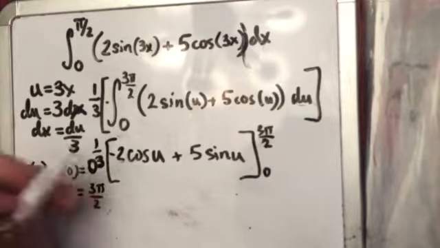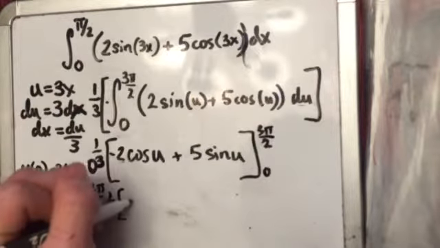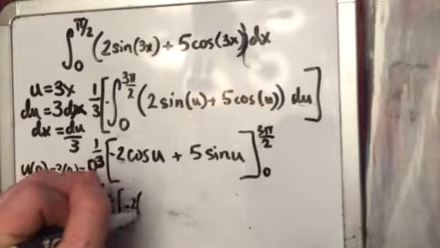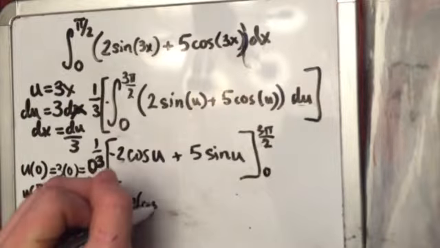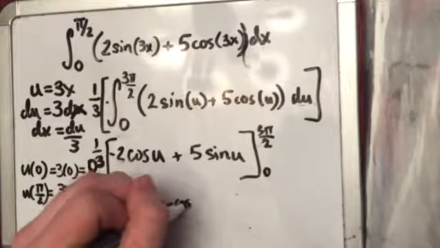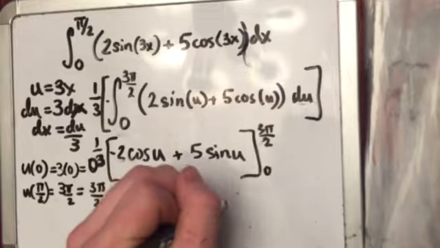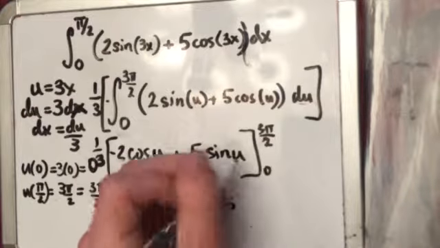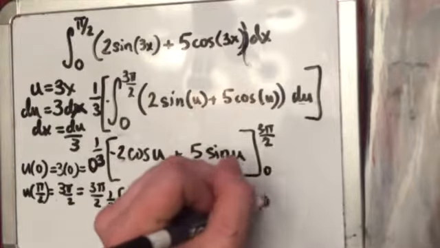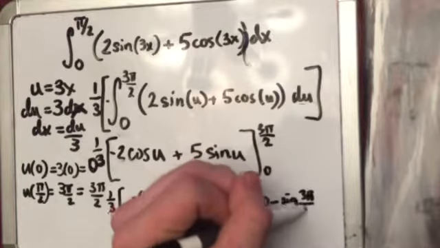We're going to rewrite this as 1/3 times negative 2 times cosine 0 minus cosine 3 pi over 2, minus 5 times sine 0 minus sine 3 pi over 2.